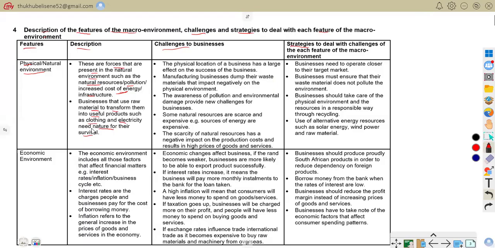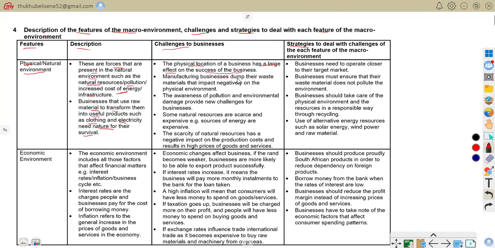So now let us come to the challenges to business of this feature, the physical natural environment, after we have just given its description. It says the physical location of a business has a large effect on the success of the business.